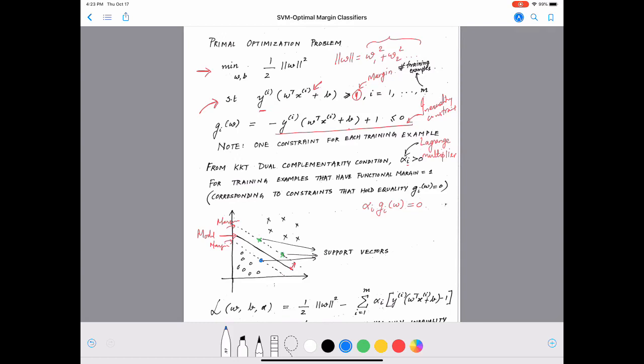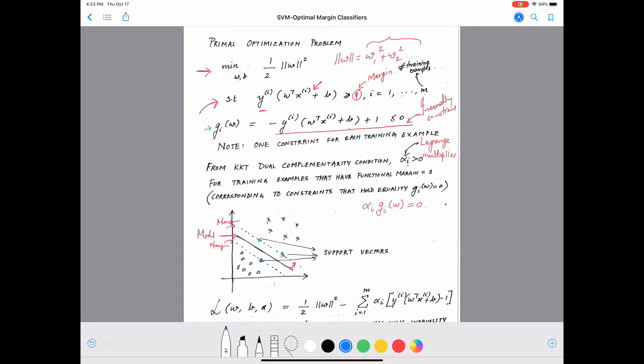So the points on the margin are called the support vectors because for these points we know that gi of w is 0. So these are on the margin, right? They satisfy that line equation, the margin line equation, which is this constraint here. So there are two parts to it.